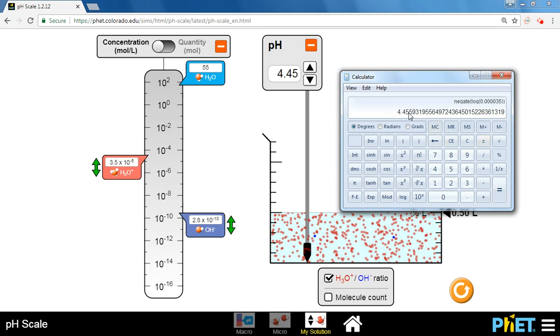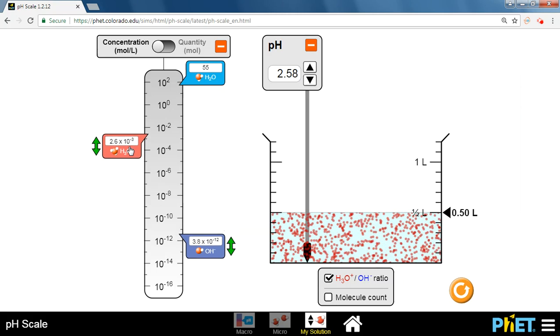And we get 4.455, etc. And notice we don't need to write all these figures in. We just do it to 2 decimal places, so it is 4.45. Ideally, it should really go 4.46 because any number 5 and higher gets rounded up.